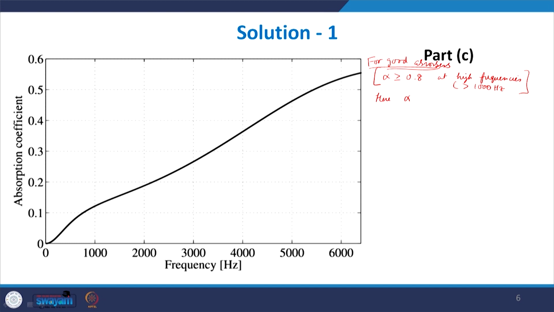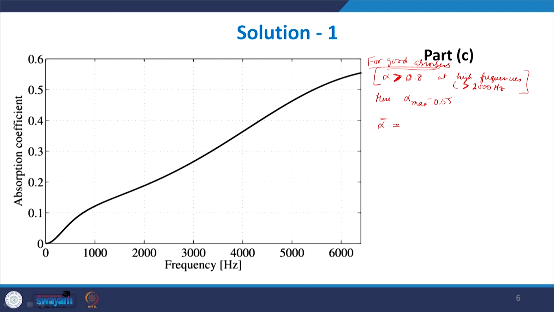Approximately, but that's not usually happening. Let's say greater than 2000 Hertz, at least it should provide an alpha value that is greater than 0.8. But here alpha max is coming out to be 0.55, no value is crossing 0.6, and everywhere it is very less, even if you calculate the average alpha.